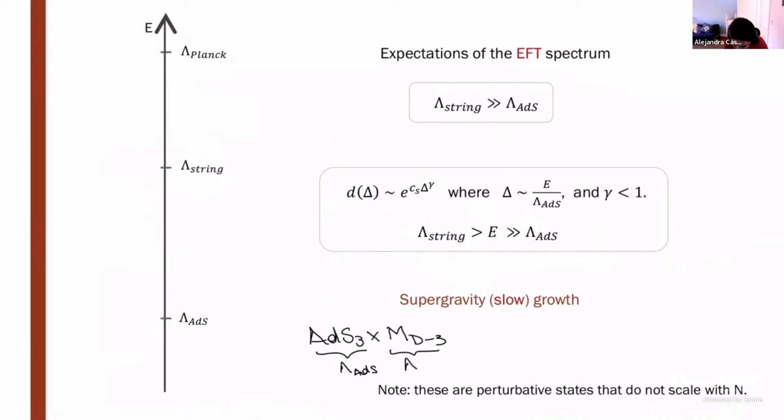A typical example would be AdS3 times S3. You count all perturbative states of AdS3 times S3. Then this power gamma, just by computing the free energy of that box, is d minus 1 divided by d. It just comes from dimensional analysis.